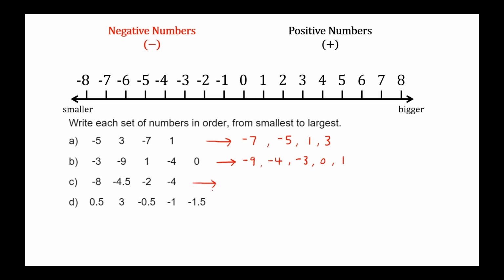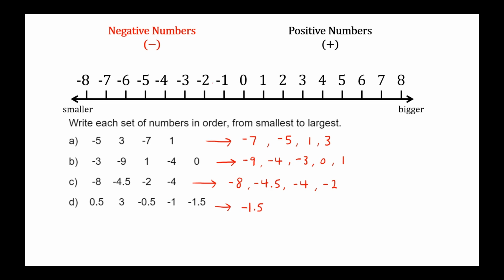Looking at example C, my smallest number should be -8 because -8 is closer to the left-hand side than, let's say, -4.5 would be. So I'm going to start with -8 as my smallest number, followed by -4.5, then -4, and then finally -2. Now looking at D, my smallest number is going to be -1.5 because -1.5 would be somewhere here.